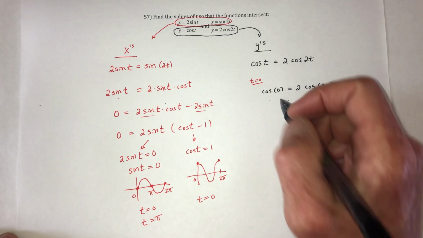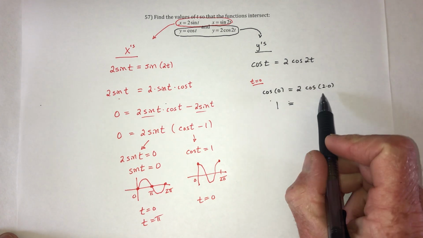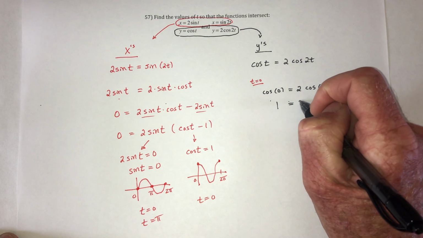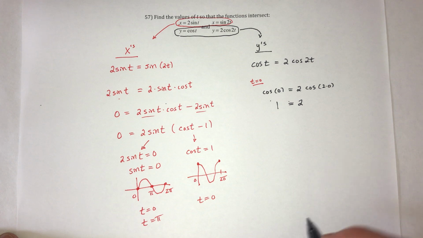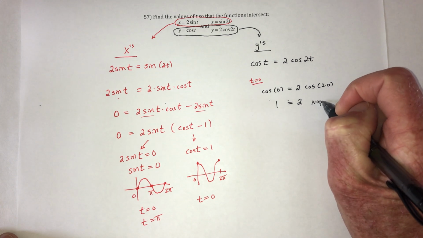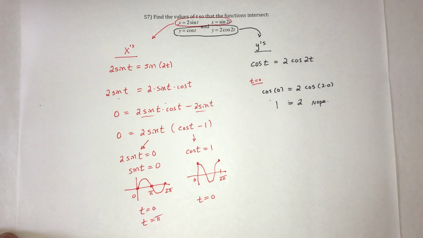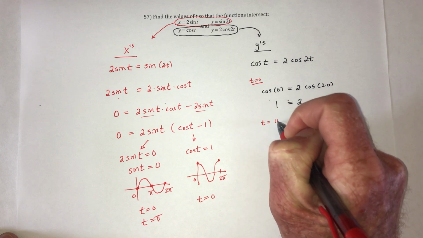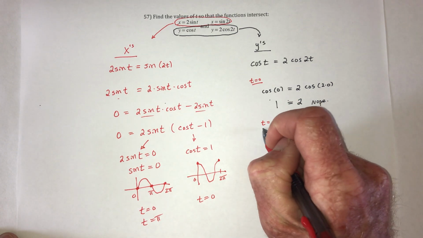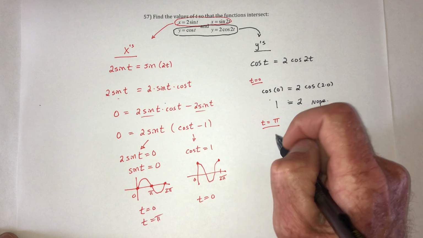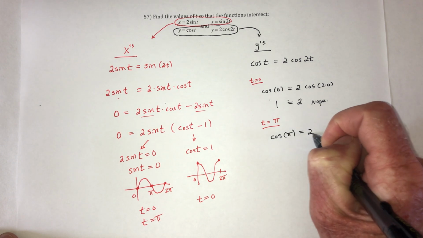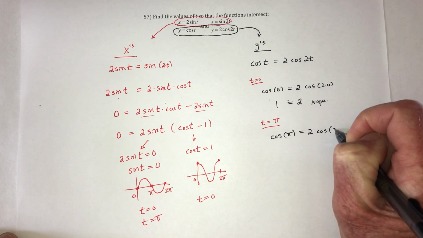Well, cosine of 0 is 1. And this is also cosine of 0, which means this is 2 times 1. So does 1 equal 2? Nope, does not. Then check this other answer right here, pi. So what if t equals pi? So this side would say cosine of pi equals 2 cosine of 2 pi.